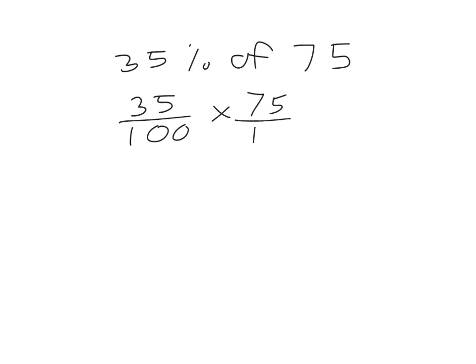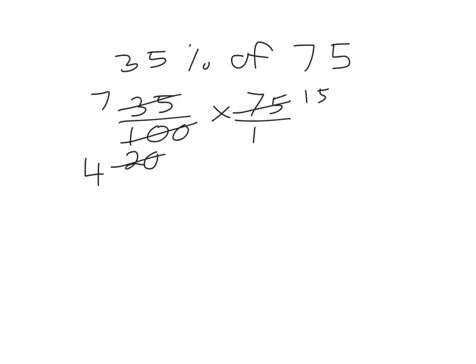And I just simplify where I can. Okay, well, I know that 5 goes into 100 20 times. 5 goes into 75 15 times. Oh look, I can do 5 goes into 35 7 times, 5 goes into 20 4 times. Anything more I can simplify?